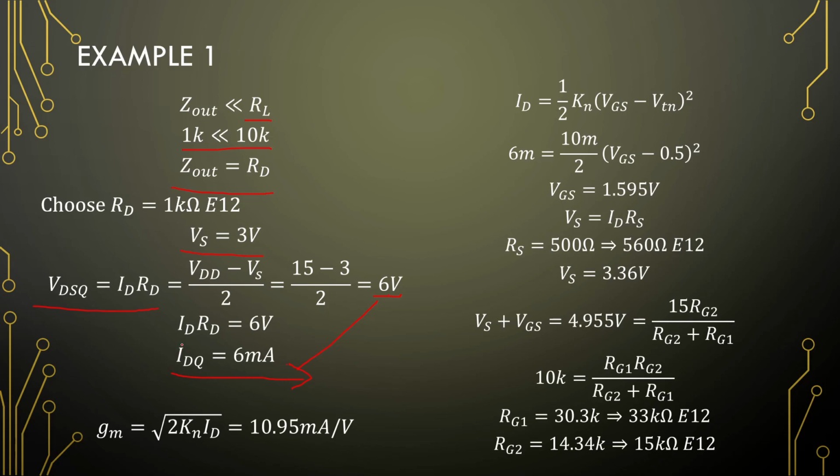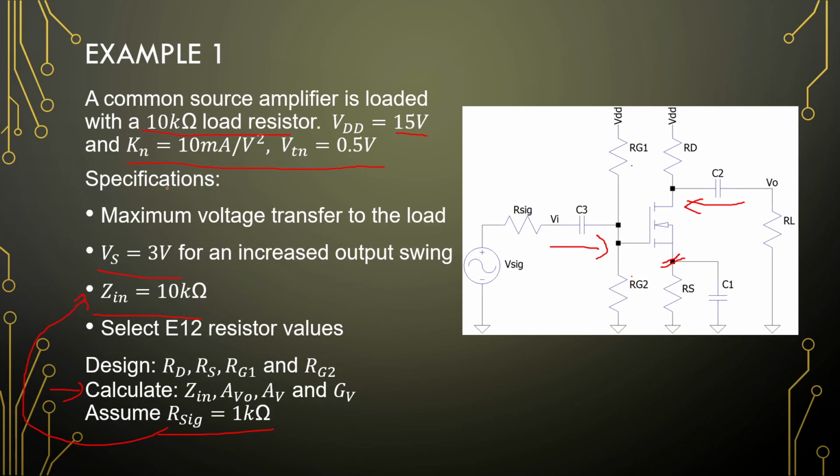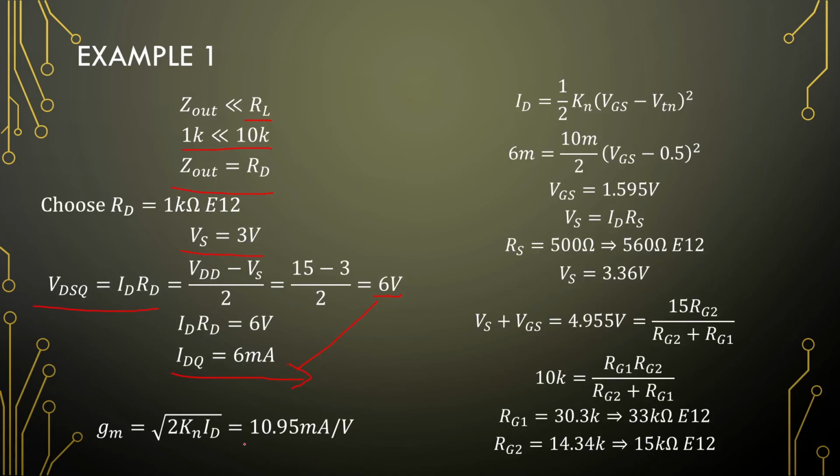Now with our drain current, we can calculate our transconductance. This amplifier did not specify anything about the gain, so in the end, the gain will be totally dependent on the transistor chosen here, so the Kn value, and that will give us a transconductance of 10.95 milliamperes per volt.